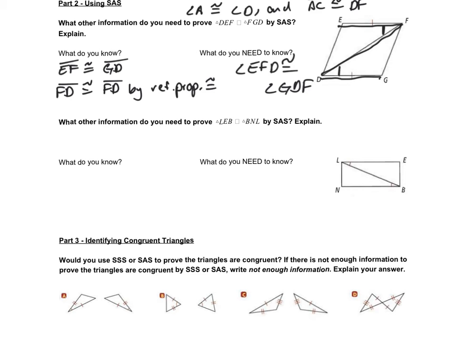All right, and then in the second part, it asks us what information do we need to prove that triangle LEB is congruent to BNL by side angle side. Explain. So let's list what we know. Well, we know that angle ELB is congruent to angle NBL, and we know that side LB is congruent to side LB by the reflexive property of congruence.